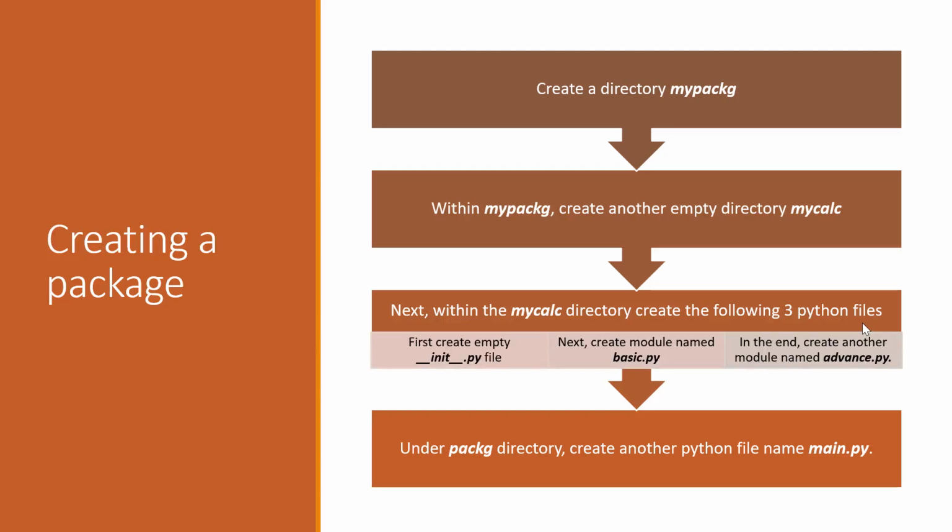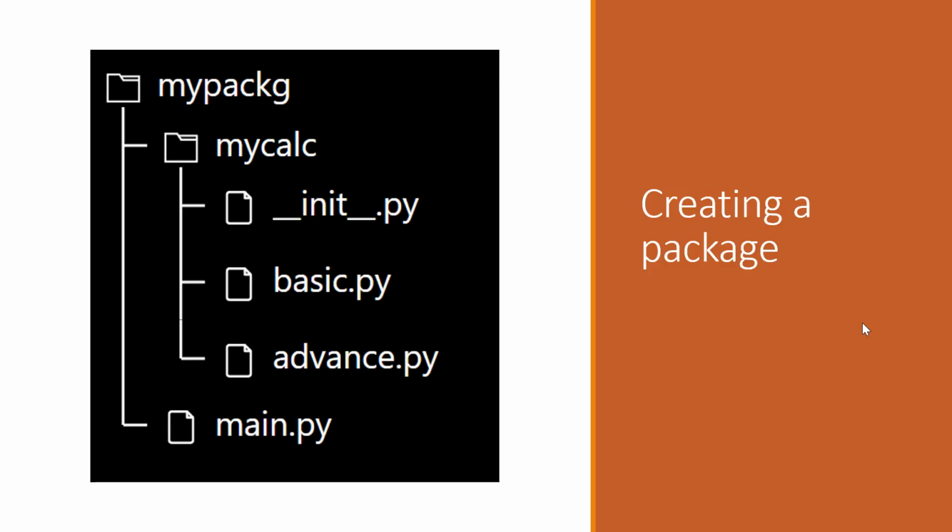In the very last step, under mypackage, we will create another Python file named main.py, and we will utilize this main.py file to import various modules or functions defined in the mycalc package. So the overall structure of the directory will look something like this. First is this mypackage directory. Within mypackage we have this mycalc.